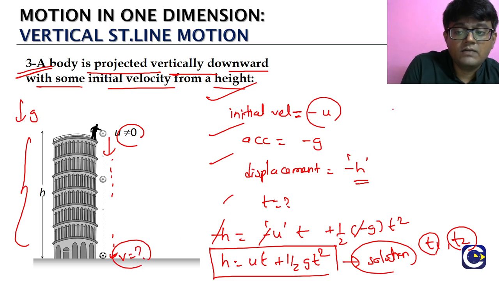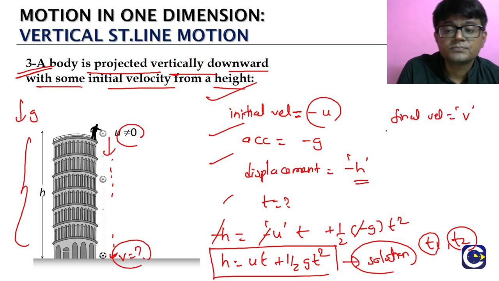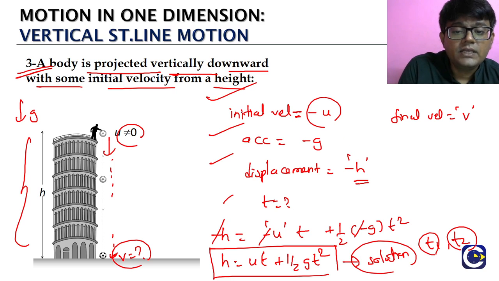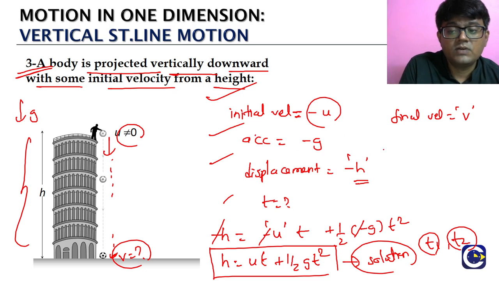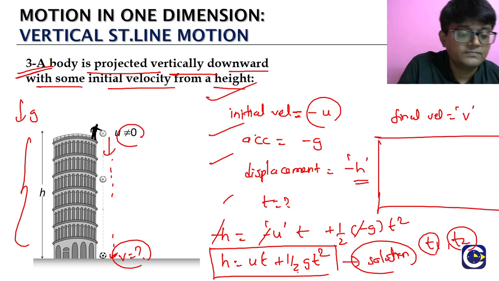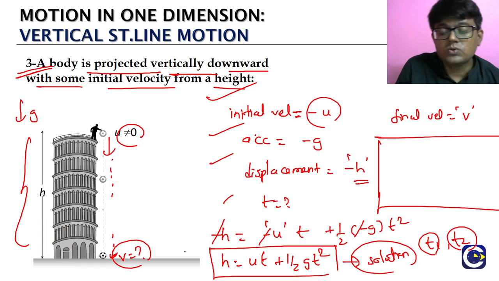Now, when it is finally coming down, it will have some final velocity. Let us say it is v. We can relate initial velocity, acceleration, displacement and final velocity. What is the formula? V square is equal to u square plus 2as.